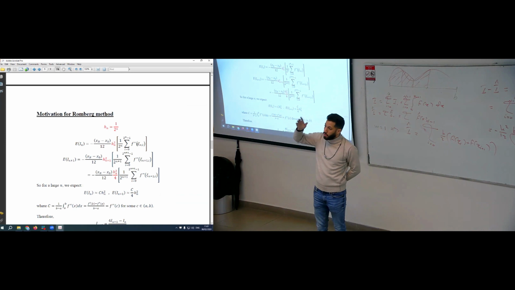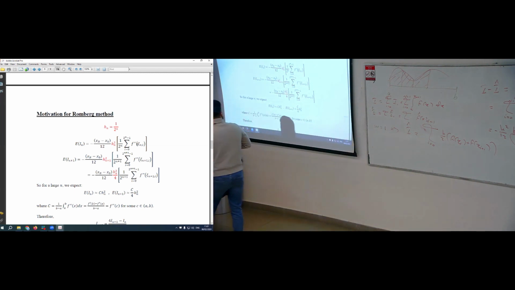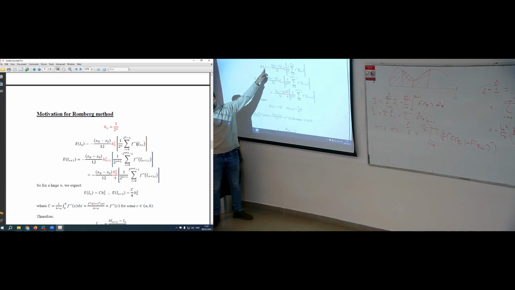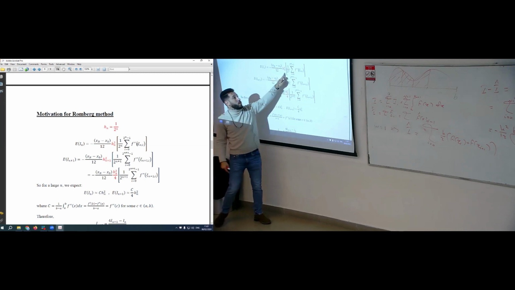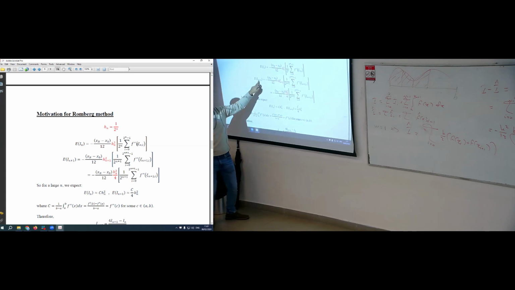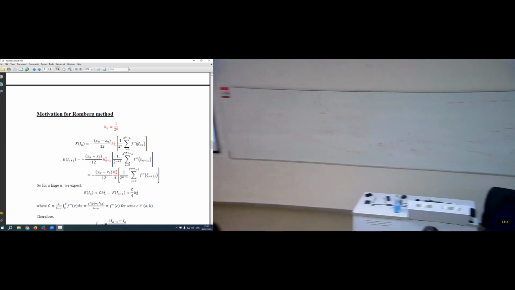Hn will be 1 over 2 to the n, and then we divide more, multiplying by 2 the number of the segments. So if we calculate the integral recursively with 2 to the n segments, that's my error. And if we calculate with 2 to the n plus 1, that's my error.